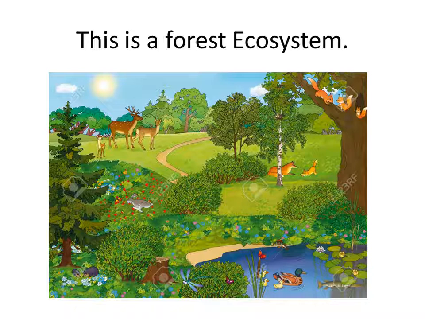Every organism in this picture needs the living and the non living things in order to survive. Like the deer needs the grass in order to get food. They use water in order to drink. The fox, they need the rabbits for food. The rabbit needs the grass for food.